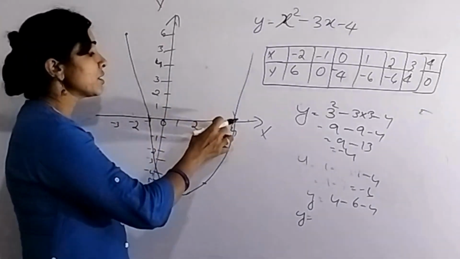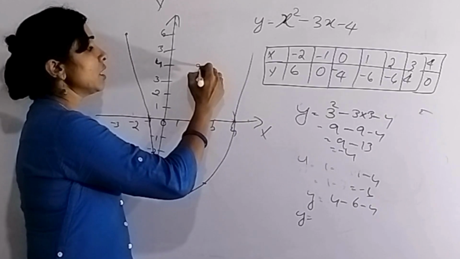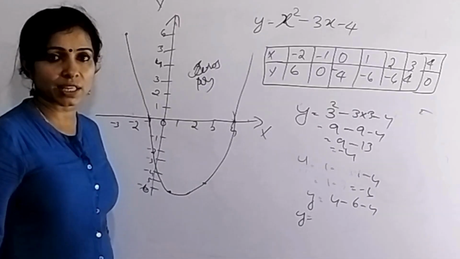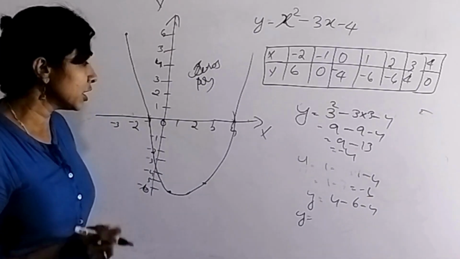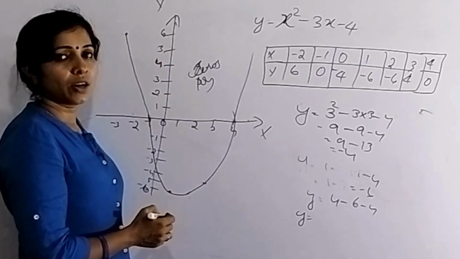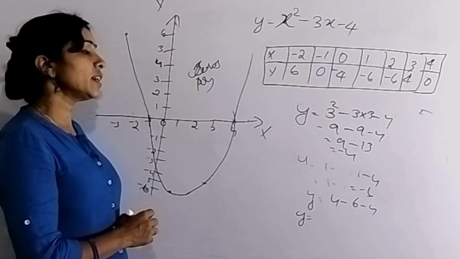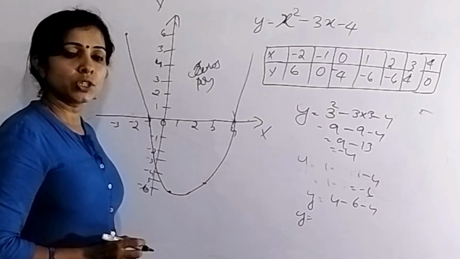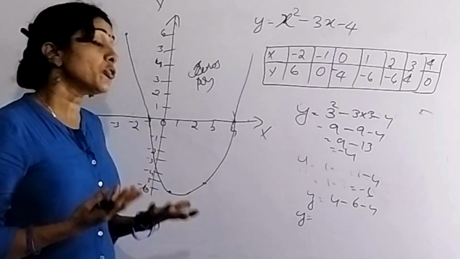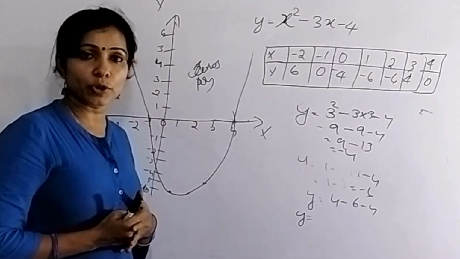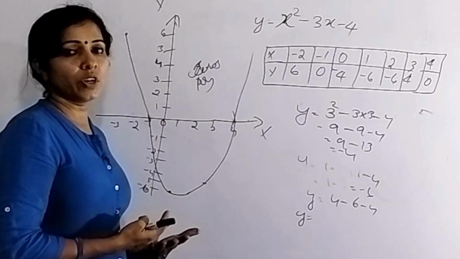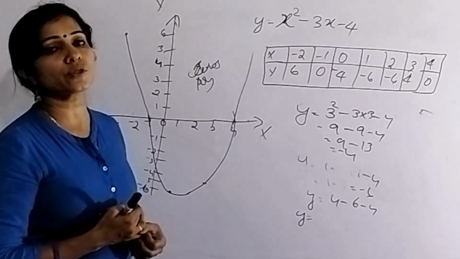The intersecting points on the x-axis are actually called the zeros of the polynomial. Clear? Now I think the concept is clear. The points at which the graph intersects the x-axis are called zeros of the polynomial. So we can easily identify the zeros of the polynomial from the graph also.